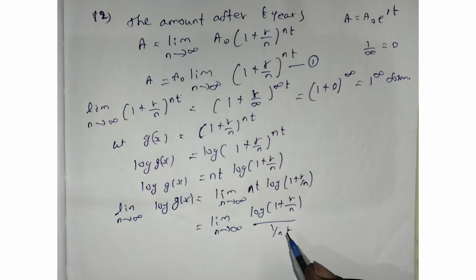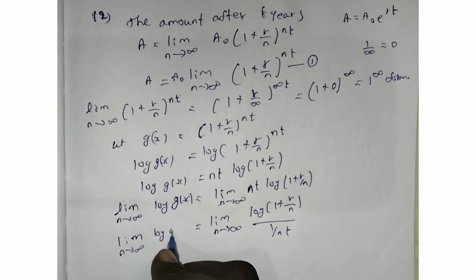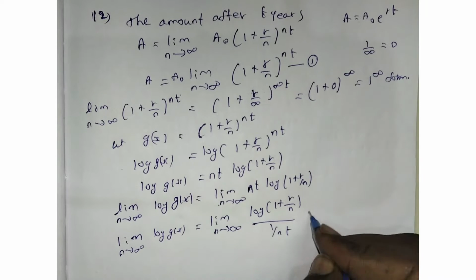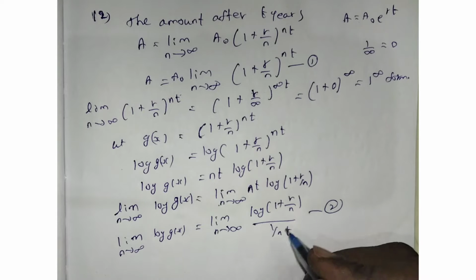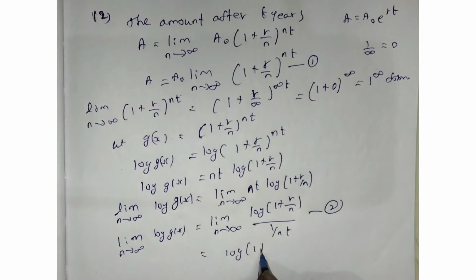Now again you are going to check this function, taking the limit n tends to infinity of log of g of x as equation 2. Now remove the limit and substitute n tends to infinity here. Then we have log of 1 plus r by infinity, and 1 by infinity.